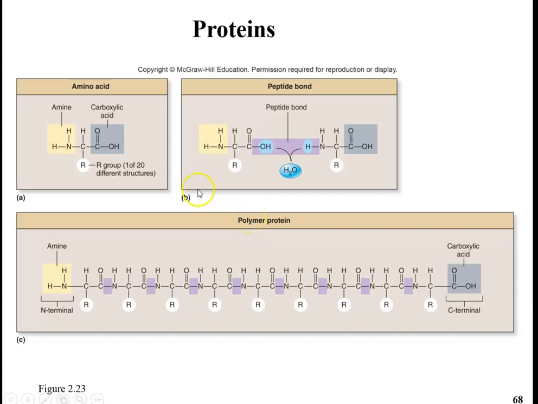Okay, so here we have one amino acid, and we're going to link it to another amino acid. The C-terminal from one amino acid connects to the N-terminal of the next amino acid through a dehydration synthesis reaction. Remember, this is dehydration synthesis because we are synthesizing a new molecule here.